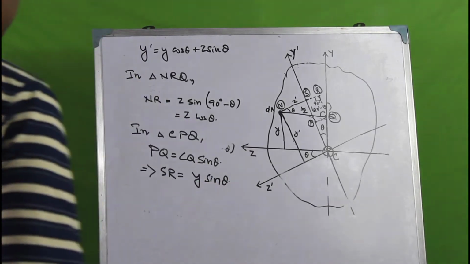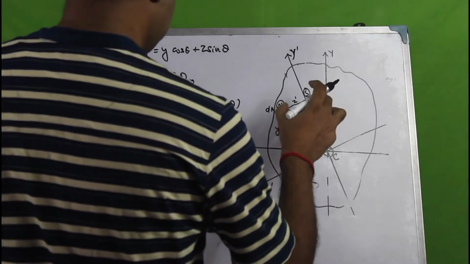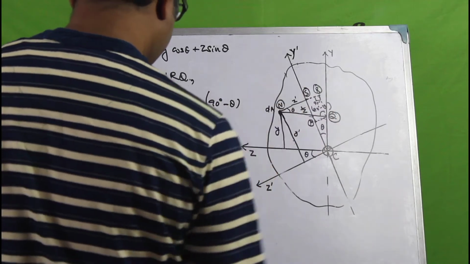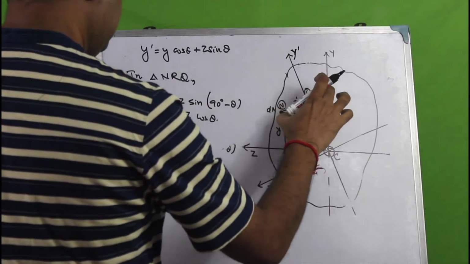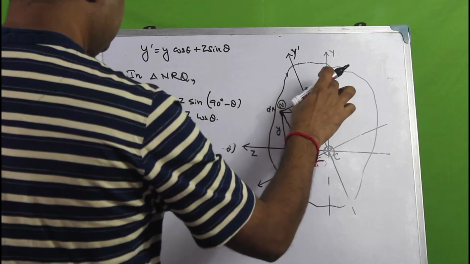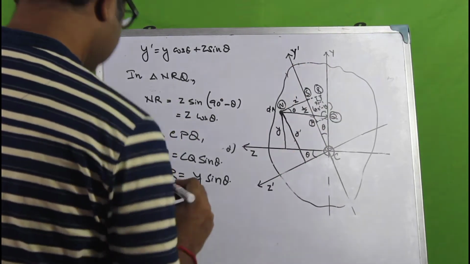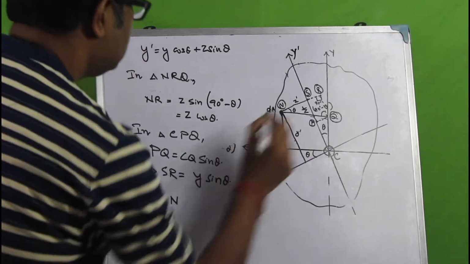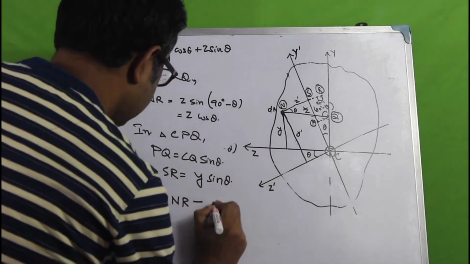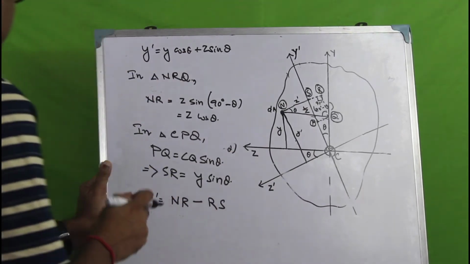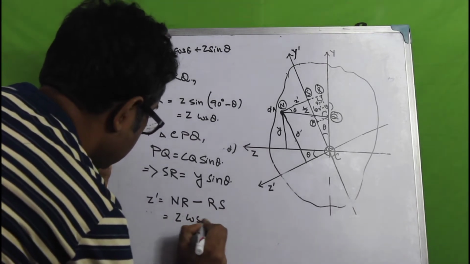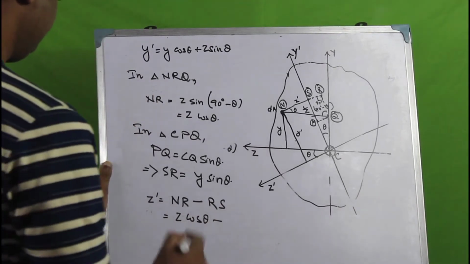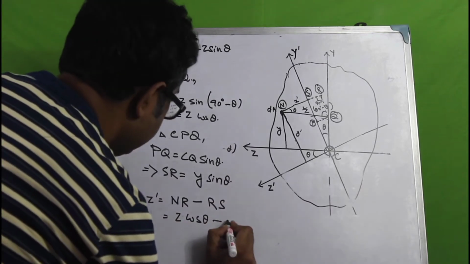So now we have Z dash will be equal to NR minus RS or SR. So this would be NR minus RS. NR is what? Z cos theta. And RS is what? Y sin theta.